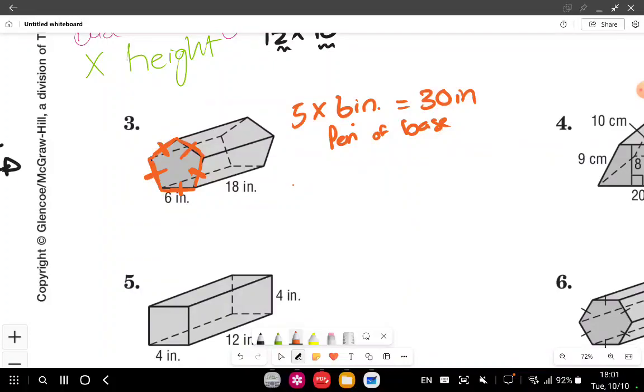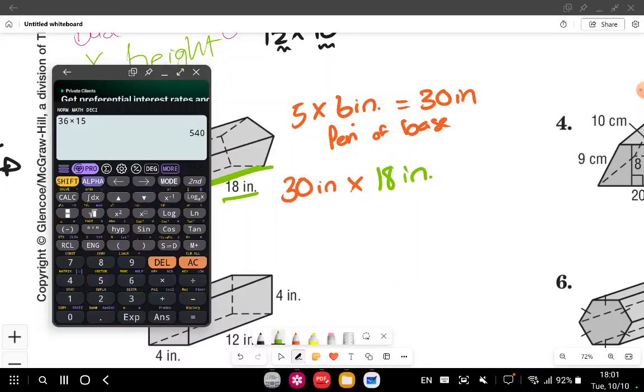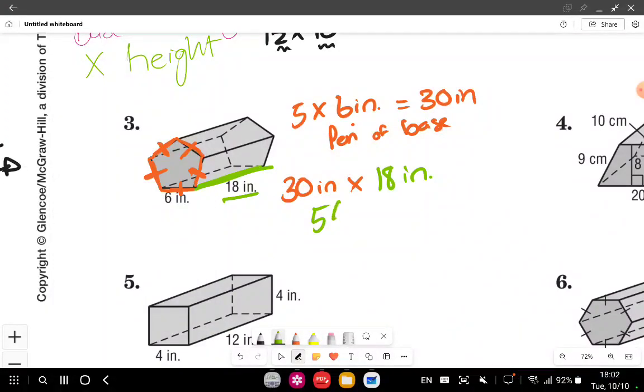Then I'm going to say 30 inches multiplied by my height, which is 18 inches. And then we calculate that and we say 30 times 18 gives us 540 as well. 540 inches squared. That's the lateral area. So what did we calculate? You calculated the area of these rectangular sides, not the bases. Just remember that, okay?